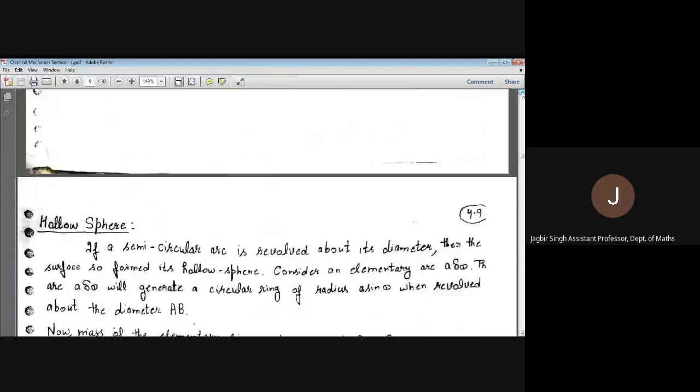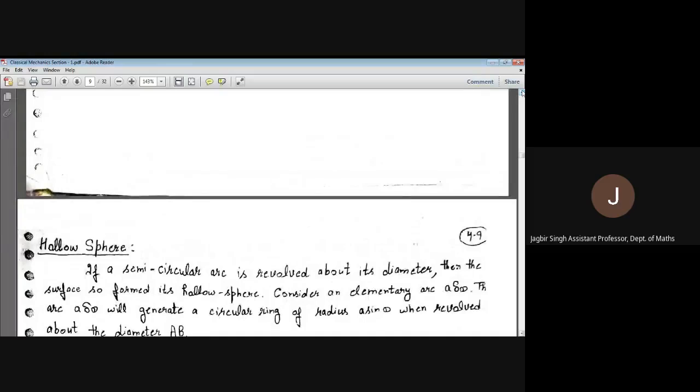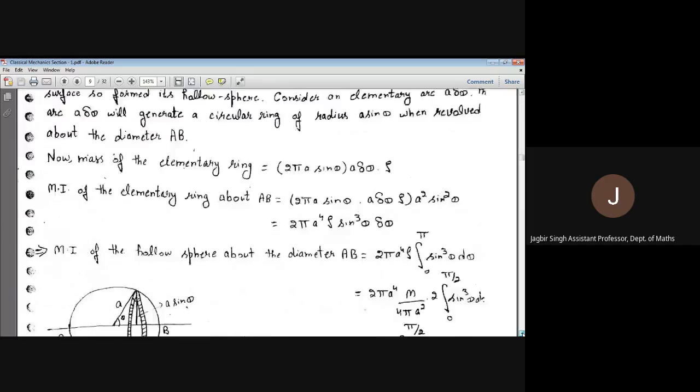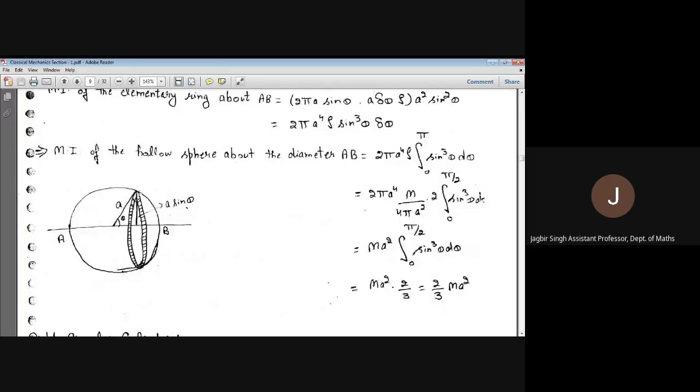Next article is of the hollow sphere. Again, some ring-shaped regions are cut. We take a small portion on the boundary, and then we cut the ring on the boundary.